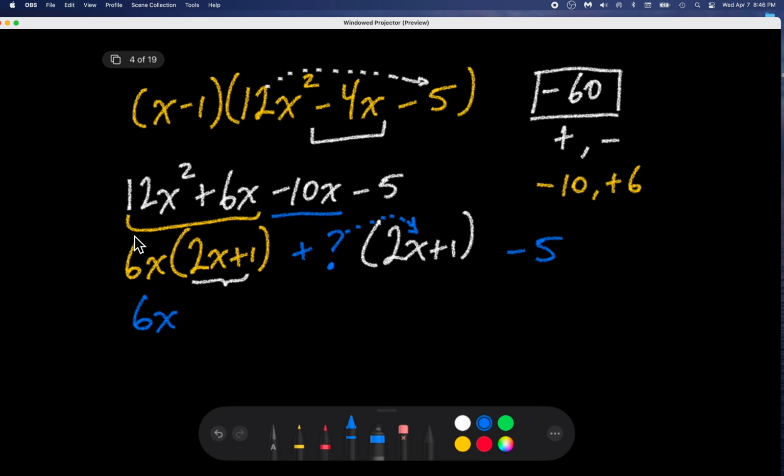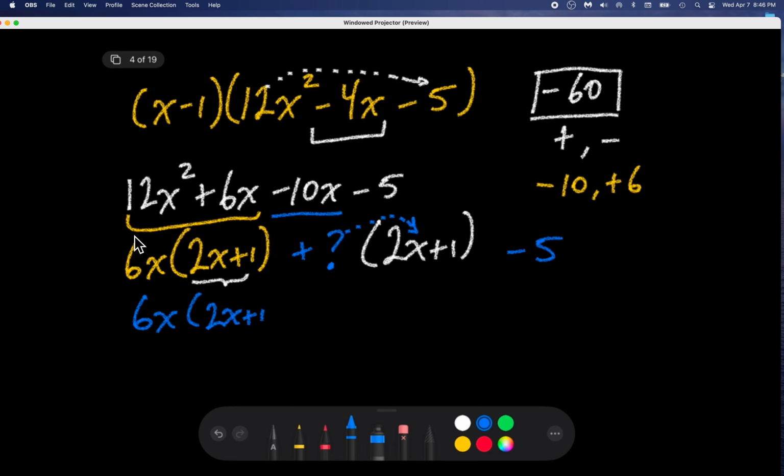So we're going to have 6x minus 5 times 2x plus 1. Again, once I see the 2x plus 1, I insert it here and I ask myself, what do I put here that when I distribute, I'm going to get this?